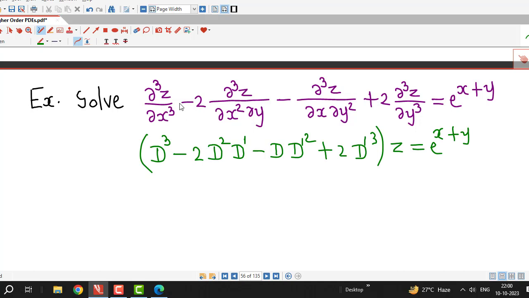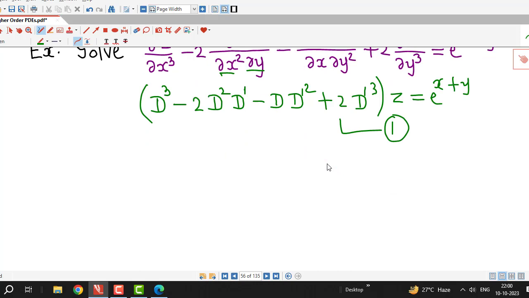Okay, let me check again. This is D cube minus 2 D square D dash minus D D dash square plus 2 D dash cube z equal to e raised to x plus y.